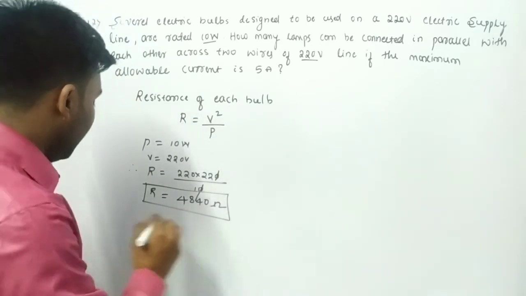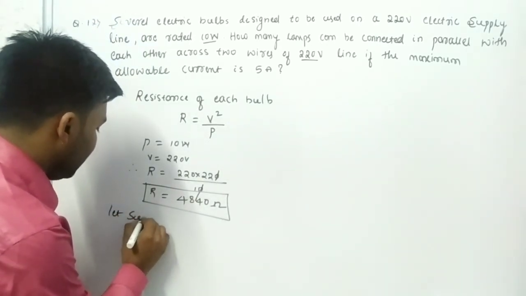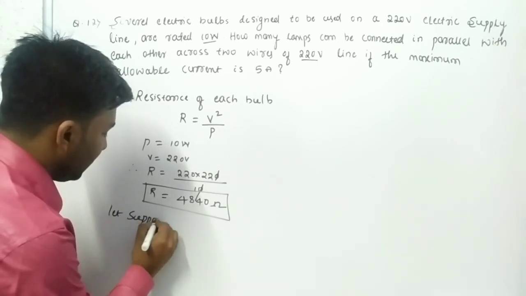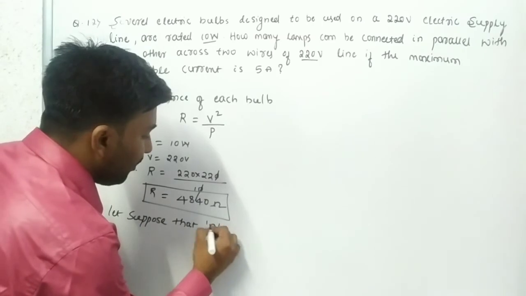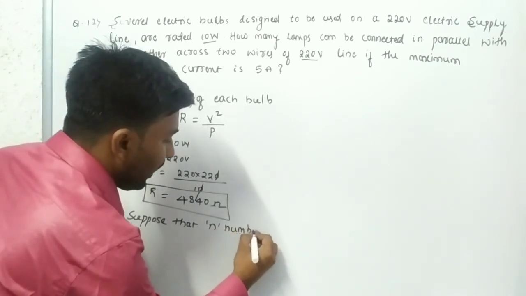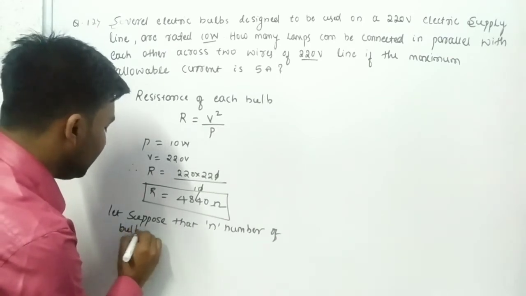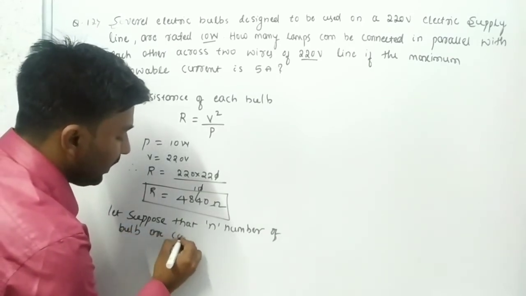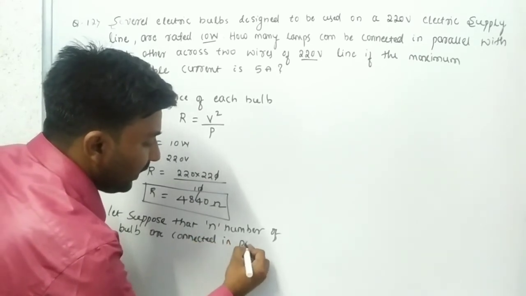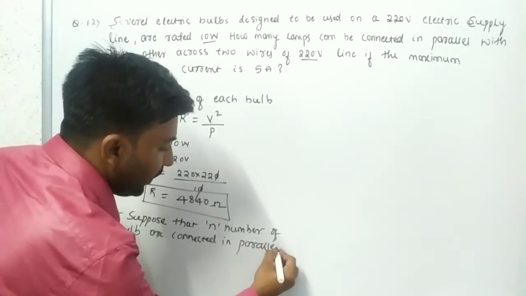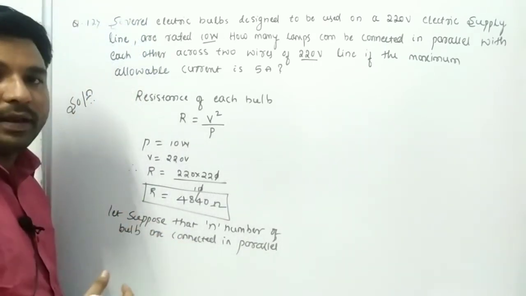So let's suppose that n number of bulbs are connected in parallel. We don't know how many bulbs we need. So let me take n number.